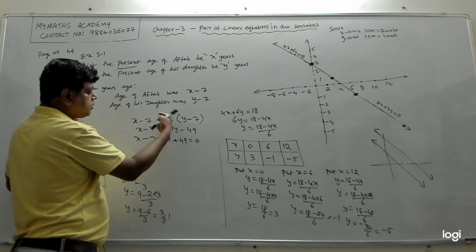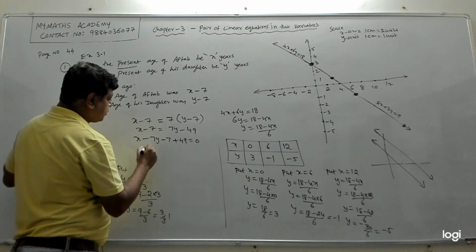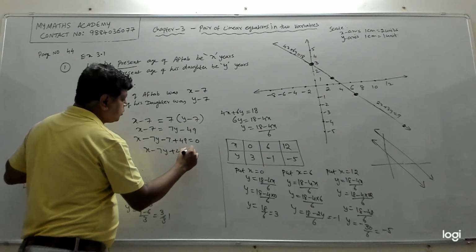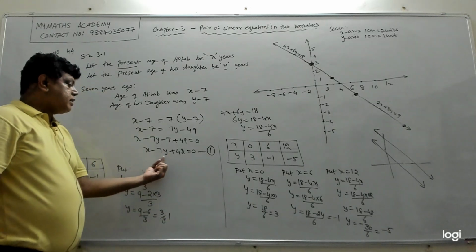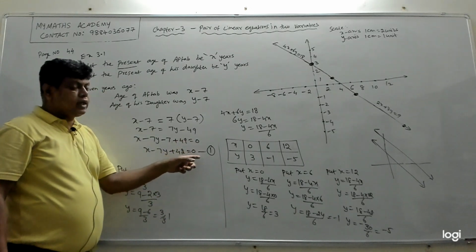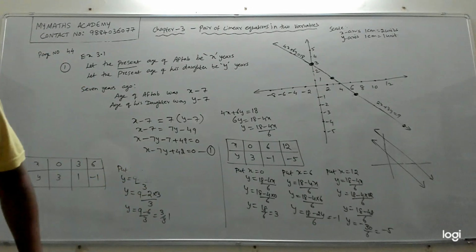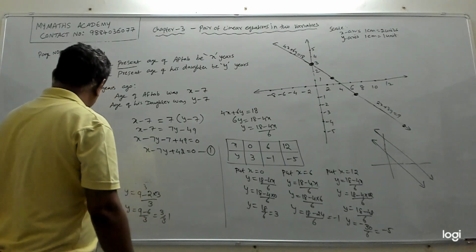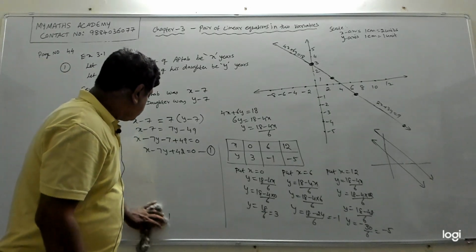So you'll get X minus 7Y plus 42 equal to 0. This is the first equation. Or you can write X minus 7Y equal to minus 42, the 42 going to the other side. That way also you can write. Clear? So we have represented this situation. Fine, so the first equation we have got.